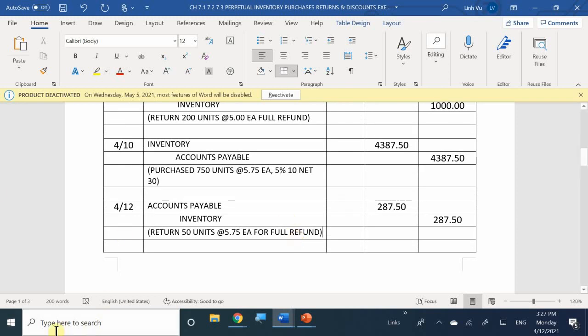Yeah. You could write return 50 broken units, whatever description you want to use that will make it easier for you to remember what happened. You can be as descriptive as you like. There's no right or wrong answer for the description. I'm just temporarily writing it down so I know what happened here.